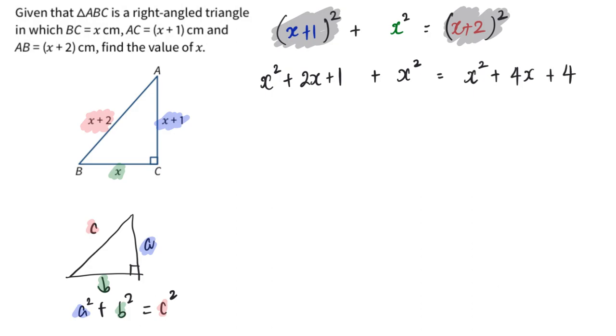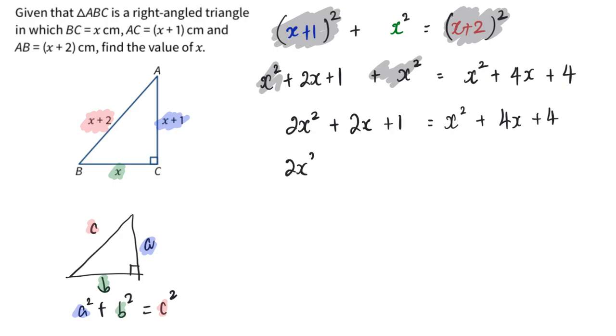Then I continue to simplify further. Slowly and steadily. So x squared plus x squared, 2x squared. So Mr. Tan do this really slow and steadily, okay? And eventually I move all the terms to one side.